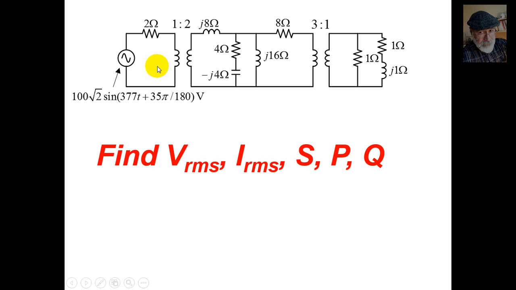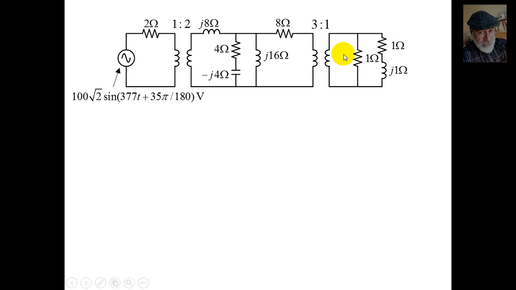We say, fine, there is an easy way to do that. How about if we refer the impedances from one side to the other in the step-down transformer? Let's do that. The first thing I'm going to do is represent the voltage source with an IEEE phasor, an RMS phasor, 100 volts at 35 degrees.